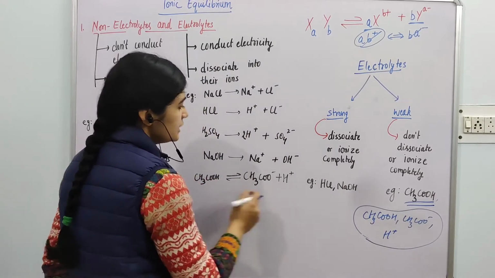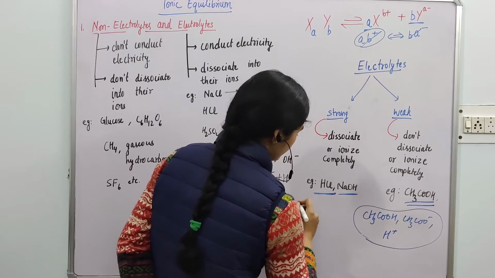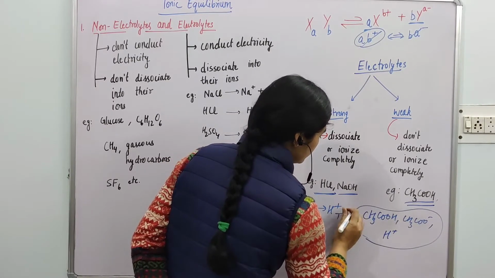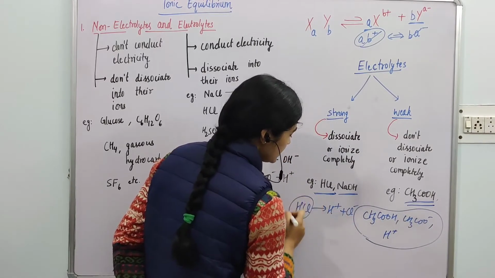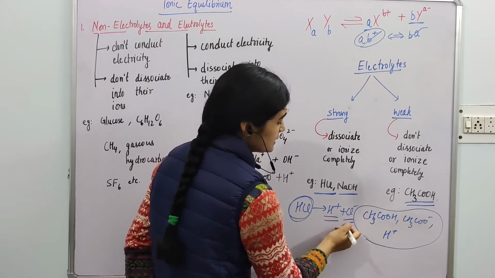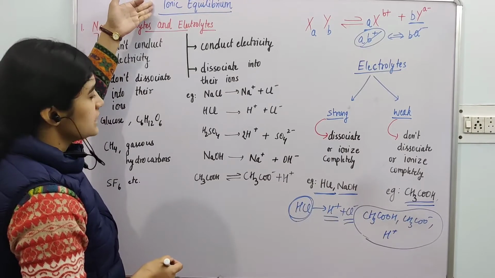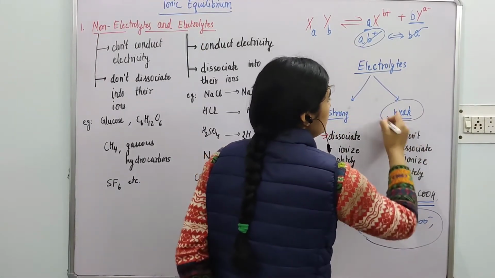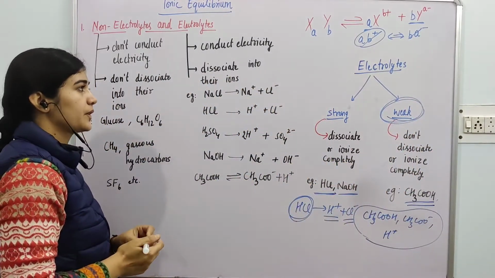While if you consider HCl and NaOH, these will completely dissociate. There will be no equilibrium between these species. There will be no HCl molecule present in the aqueous solution, only H+ and Cl-. So the ionic equilibrium has its significance only in the case of weak electrolytes. Only weak electrolytes show ionic equilibrium.